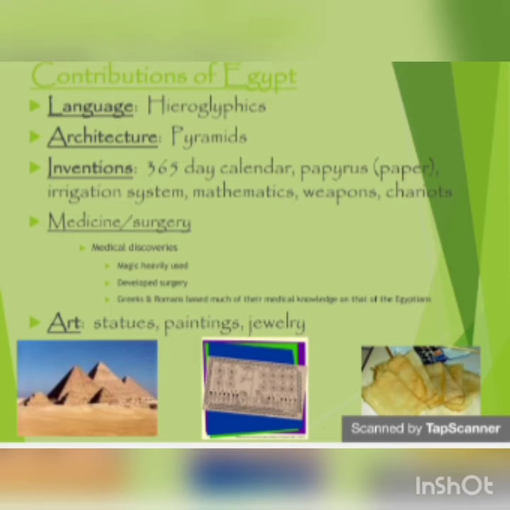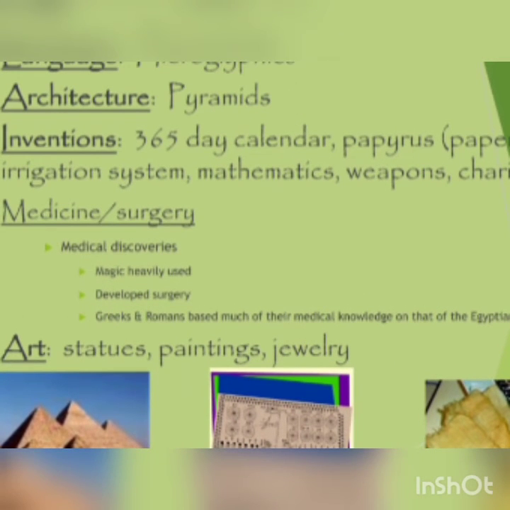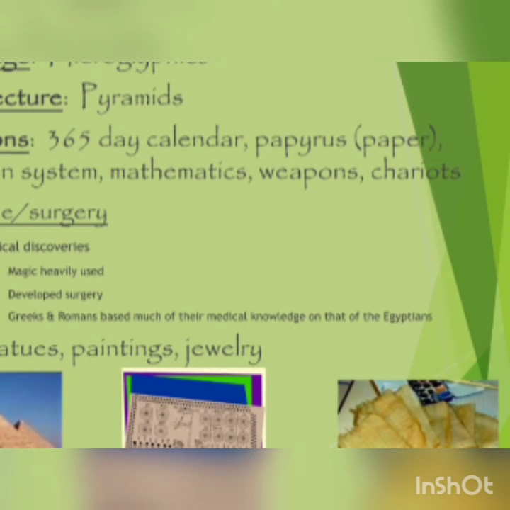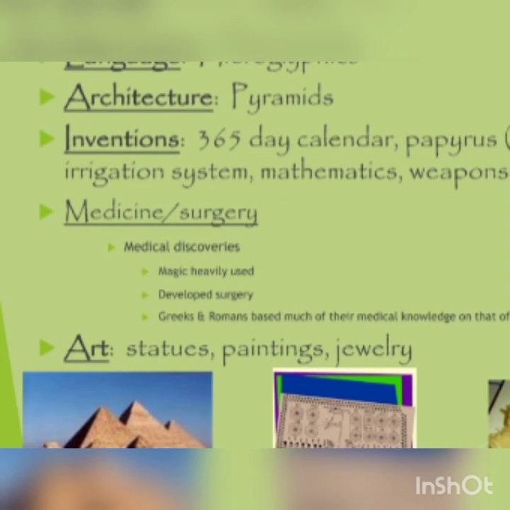And in medicine, for mummification and all, they used surgery. Then medical discoveries, where magic was heavily used. And they developed surgery. Then the Greeks and Romans based much of their medical knowledge on that of the Egyptians.